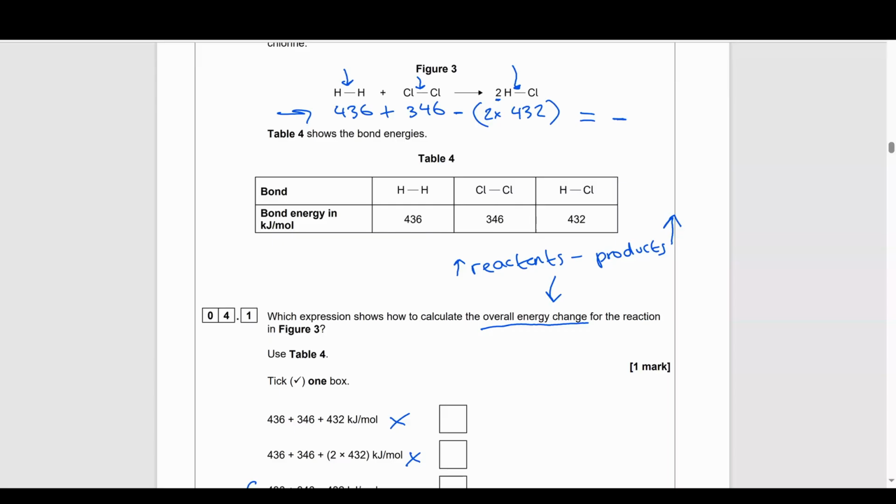Now remember what we just said here. Bonds are broken from reactants. Bonds are formed for products.